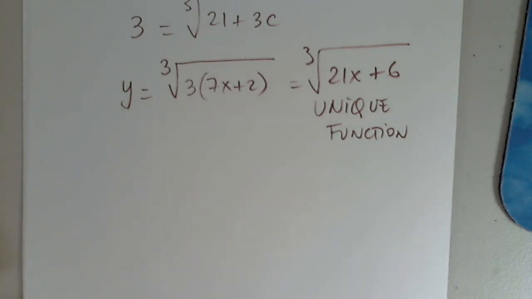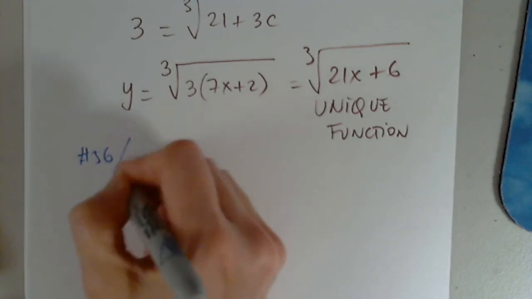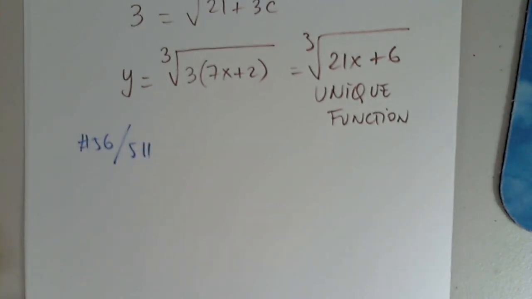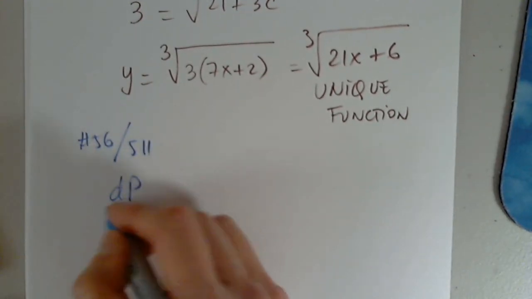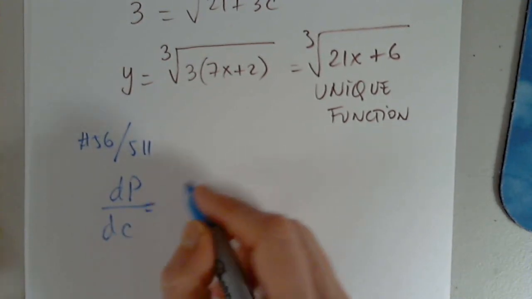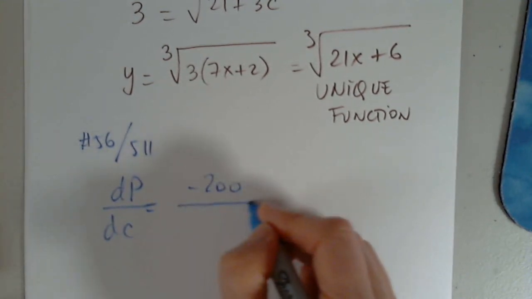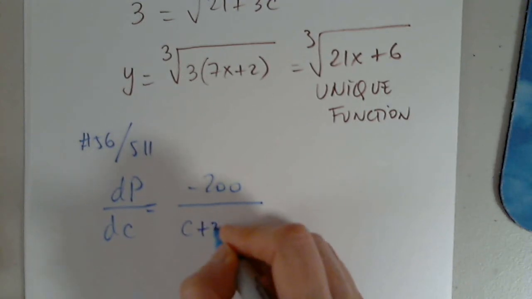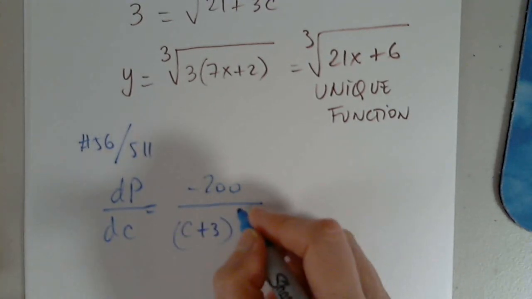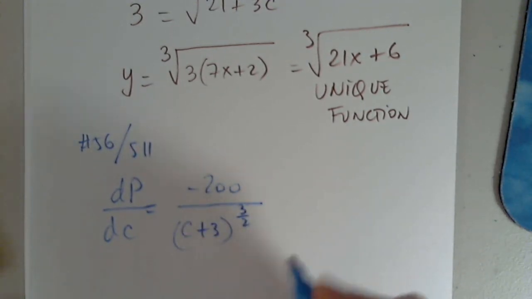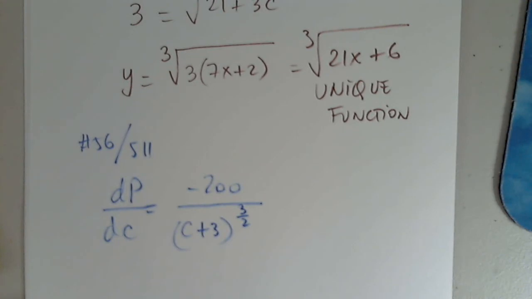So let's look at least one problem, like 56 on 511. We're given that dP over dC equals negative 200 over C plus 3 raised to 3 halves. Okay, total profit from marginal profit.